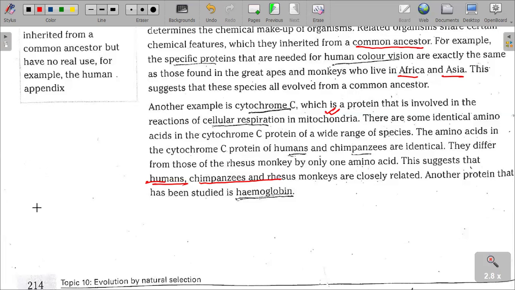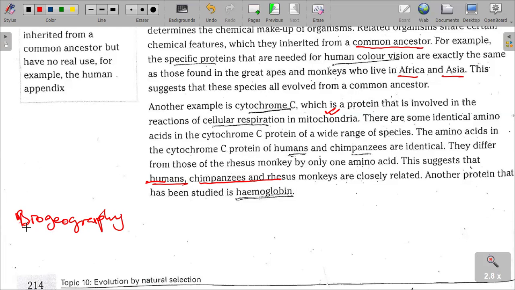Last but not least, one key point is biogeography. Biogeography is very important, another point that I must not forget.